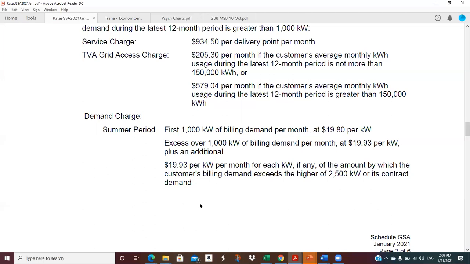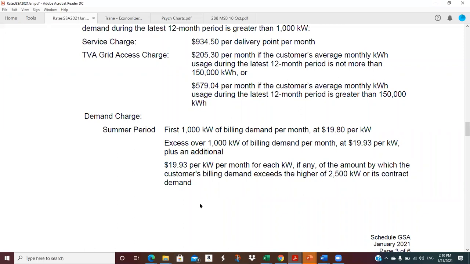Most of the time you wouldn't pay that last one because you negotiate your contract demand when you establish service. You should have a pretty good idea what equipment you're going to have and what your peak, your maximum, is. You usually set the contract demand another 10 or 20% above what you really expect to give you some variance, because they don't like you to go above your contract demand.